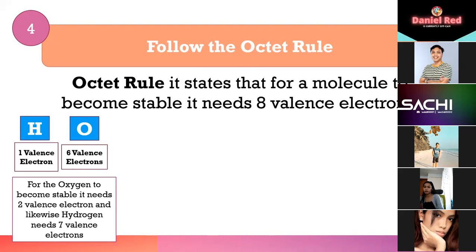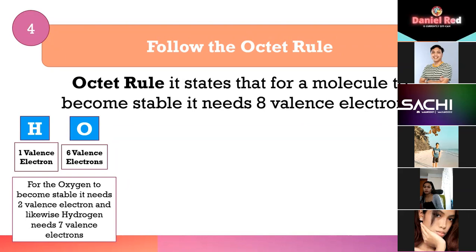Likewise, hydrogen needs 7 valence electrons para magkaroon naman ng octet rule or 8 valence electrons. Since hydrogen has 1 valence electron, kailangan niya ng suporta ni oxygen na merong 6 valence electrons. Combining the two, it will form a particular octet rule.